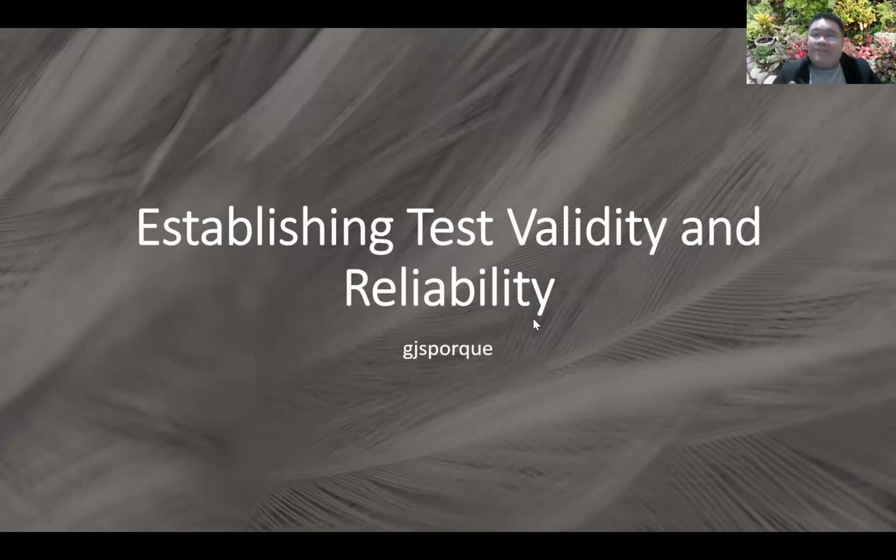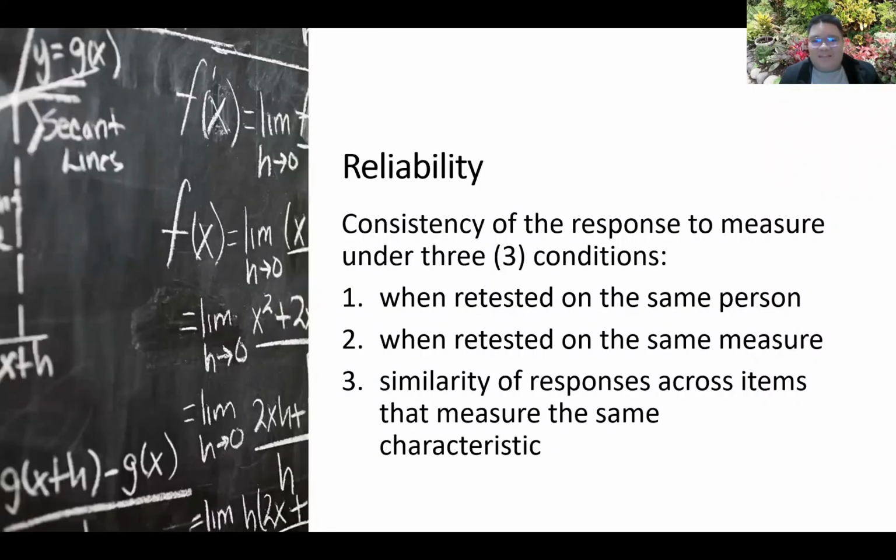We need to look into it that each item of the examinations that we are giving our students are actually congruent to the outcomes that we would want them to attain. So they should be congruent to the outcomes that we would want them to attain. Okay? That is why we will be talking about test validity and reliability.